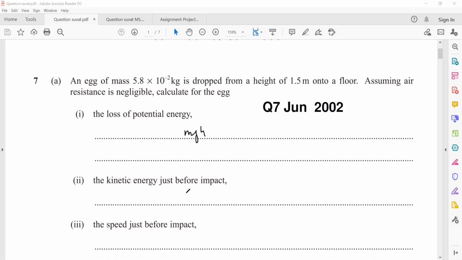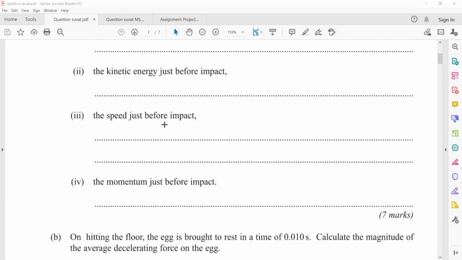The potential energy will be equal to kinetic energy if there is no loss of energy. Speed just before impact, so potential equals kinetic, so 0.5mv squared is equal to mgh. So using this we can find the momentum. Momentum is a product of mass and velocity. So we'll multiply the mass with the velocity which we calculated.